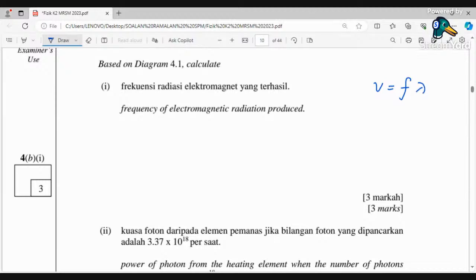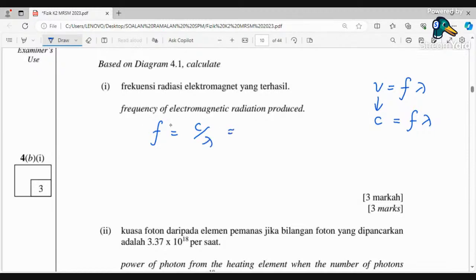V equals to F lambda. Tapi kalau untuk electromagnetic wave atau light, the speed will become speed of light. So we have this formula. C equals to F lambda. Okay. So to calculate frequency, F equals C divided by lambda.